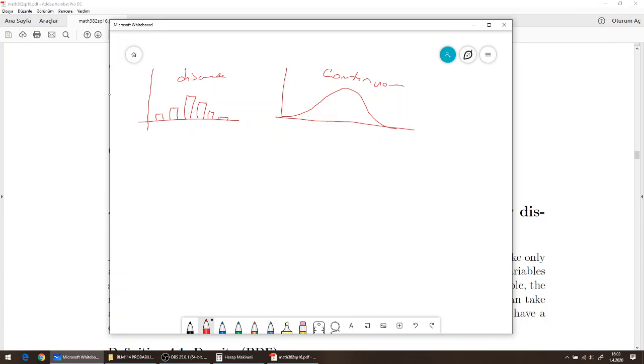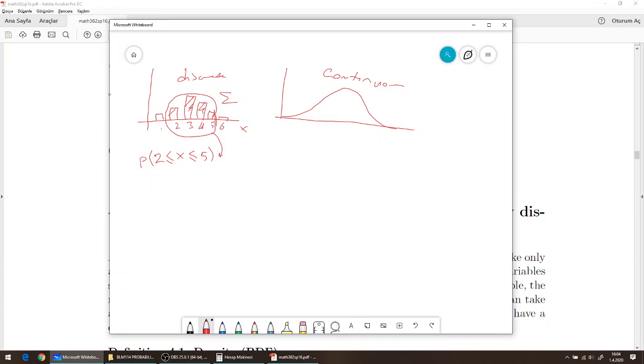In a discrete distribution, what is the probability that x is between 2 and 5? That is just the sum of these bars. We get the sum of these bars, and their sum gives us the desired probability.